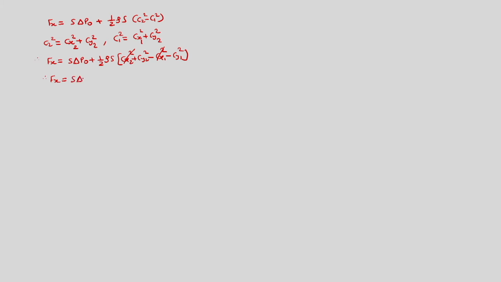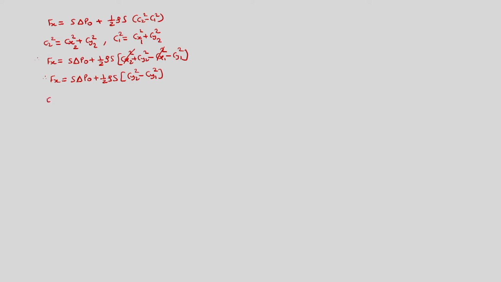So Fx is equal to S delta P naught plus half rho S into Cy2 square minus Cy1 square.